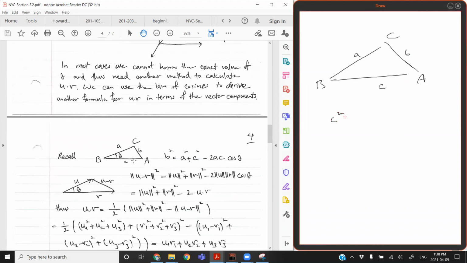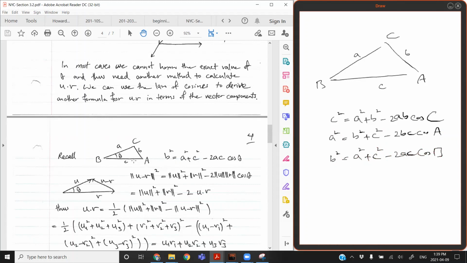For example, c squared is going to be a squared plus b squared minus 2ab cosine of c. Or a squared is going to be b squared plus c squared minus 2bc cosine of the angle A. And b squared is going to be a squared plus c squared minus 2ac cosine of the angle B. This is called the law of cosines.